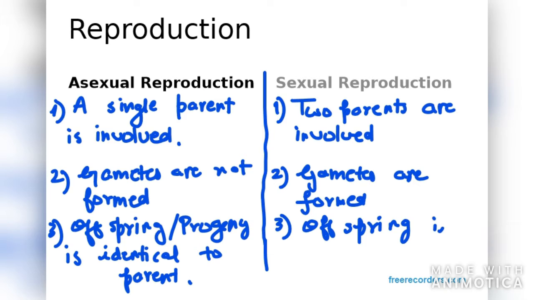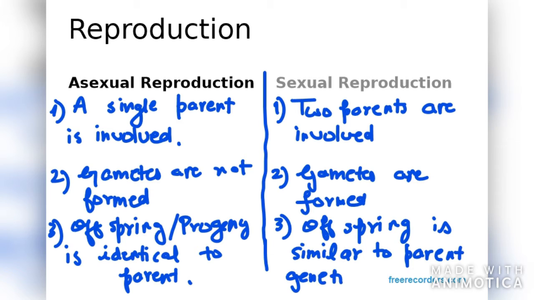Offspring is similar to the parent genetically, but not identical.